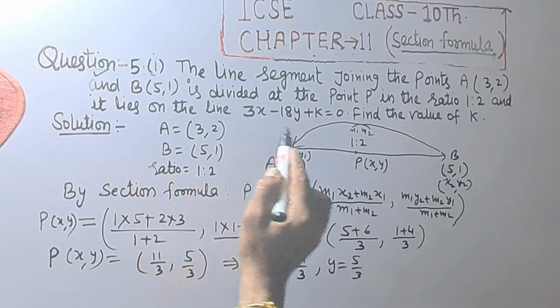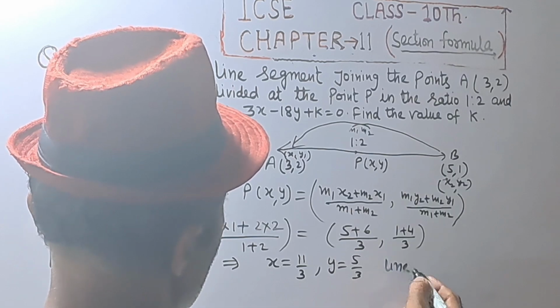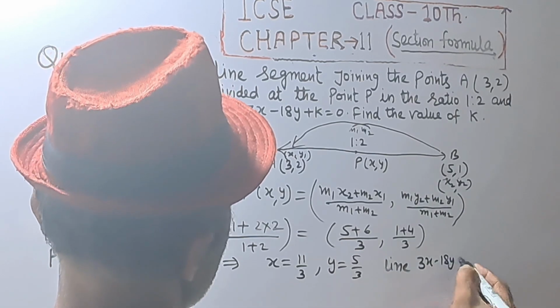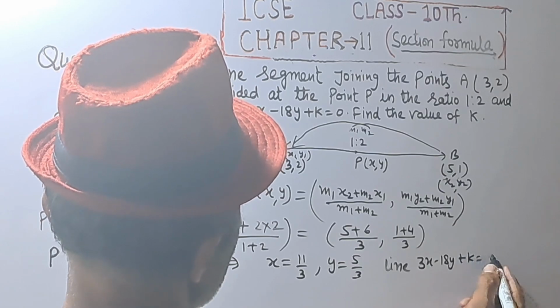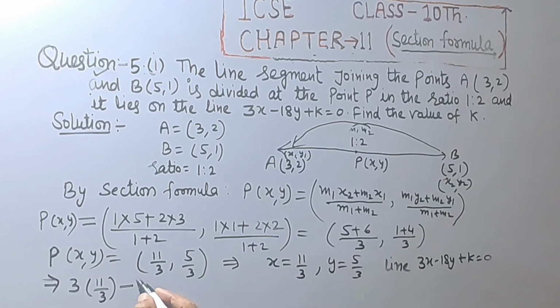And it lies on the line 3x minus 18y plus k is equal to 0, which implies 3 into x is 11 upon 3 minus 18 into y is 5 upon 3 plus k is equal to 0.